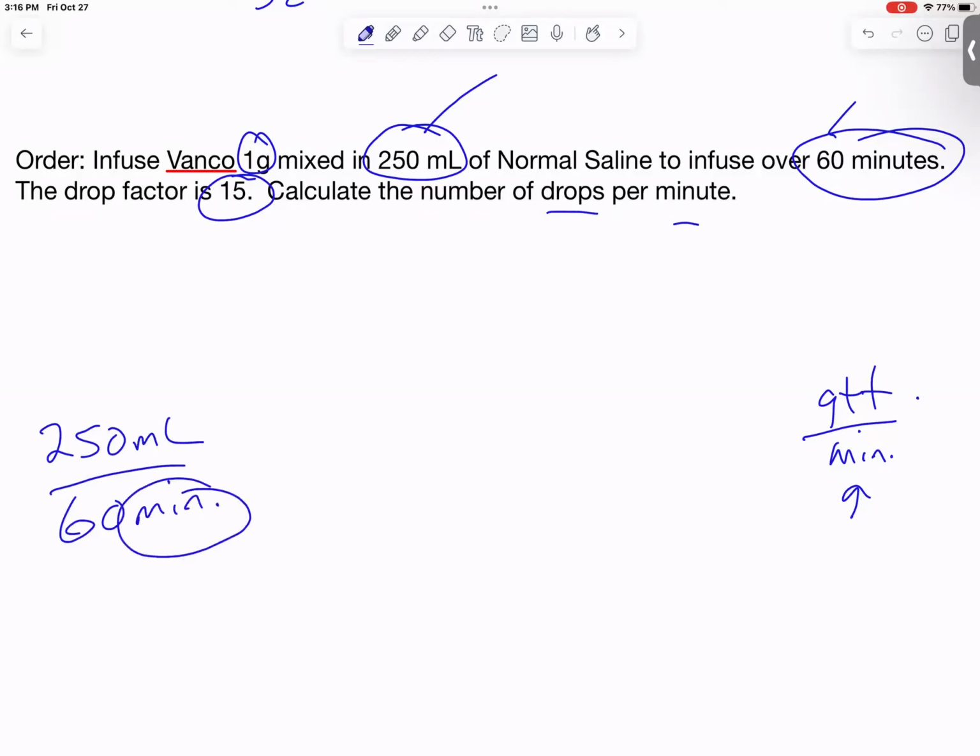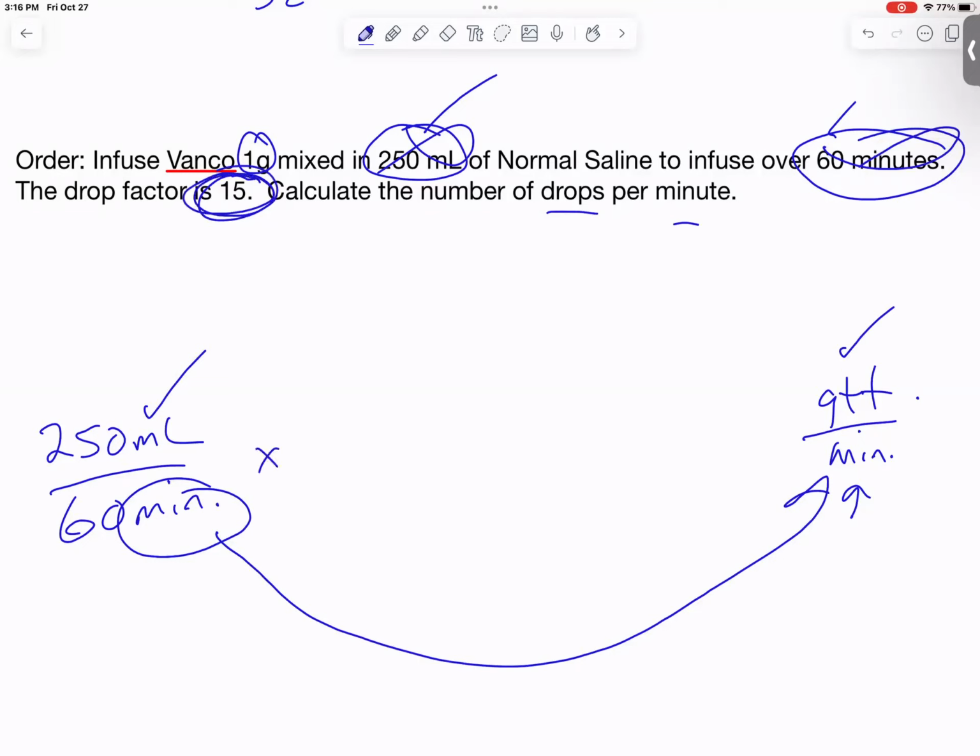All right, well, that gives me my minutes, but how do I get rid of milliliters and get to drops? Well, I've used these two, and the only thing with drops is my drop factor. So there are 15 drops per ml. That gets rid of my milliliters. Beautiful. And then when I do my math across, it's 60, and 250 times 15 is 3750. When I divide, it'll give me 62.5.